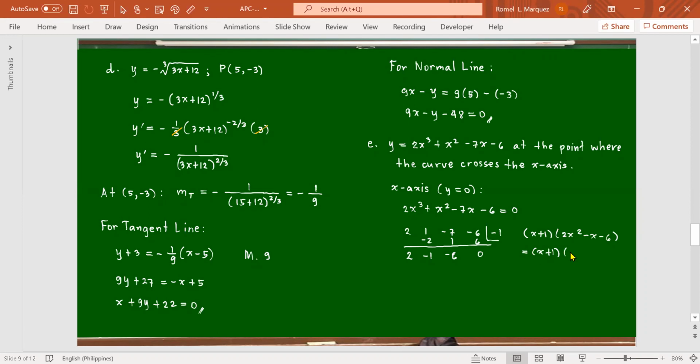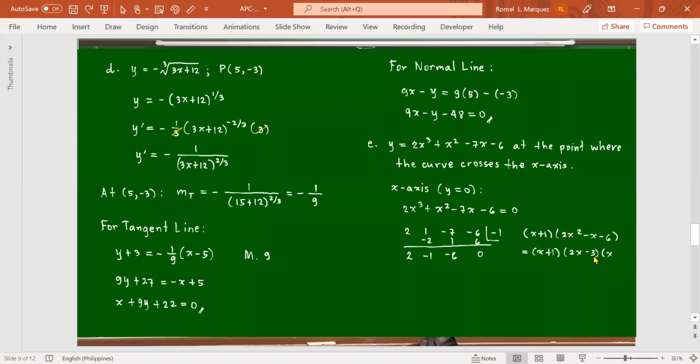Into what? 2x, x. I want negative here. Negative 3, positive 2. Am I correct, guys? 2x minus 3, x plus 2? Or the other way around?